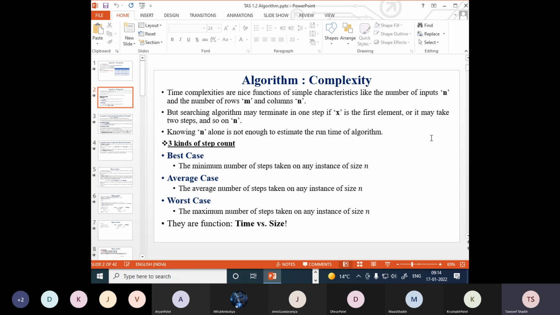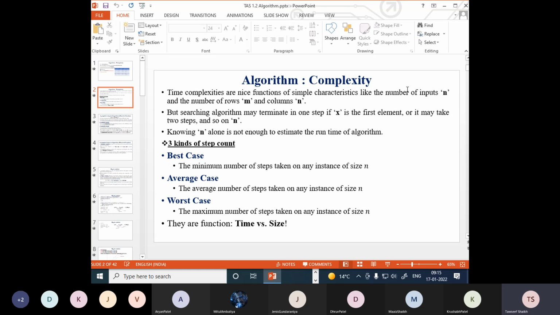Suppose we have an algorithm which is the addition or multiplication of two matrices A and B with m rows and n columns. This algorithm we also showed on the PPT in the previous week. So its total complexity was dependent on m and n.